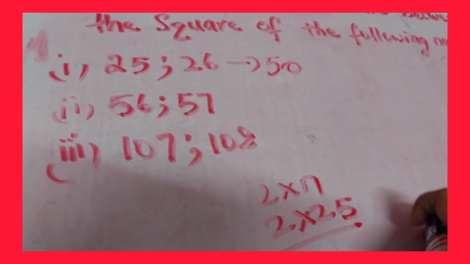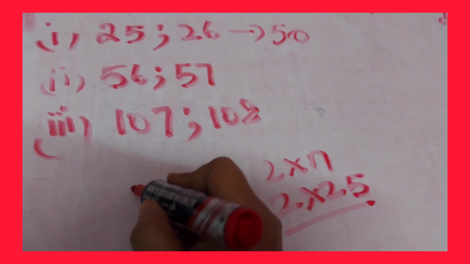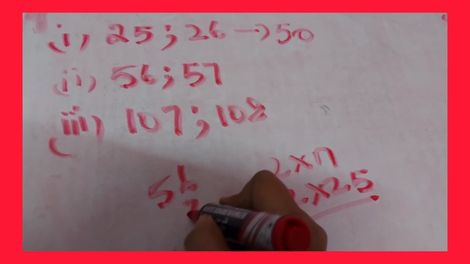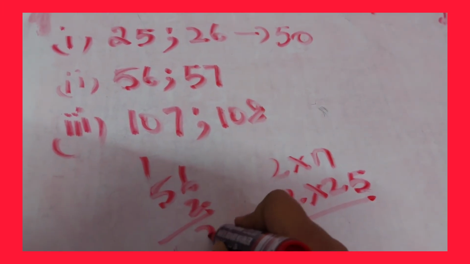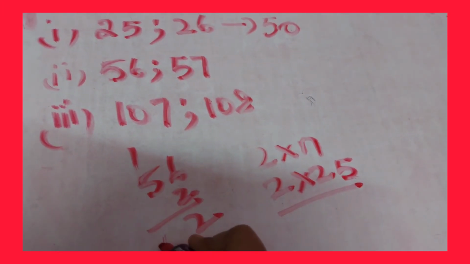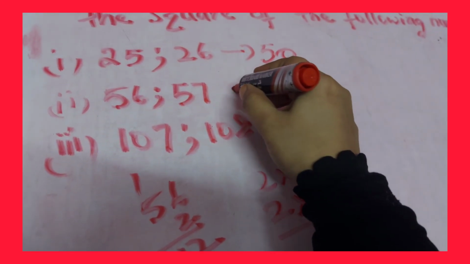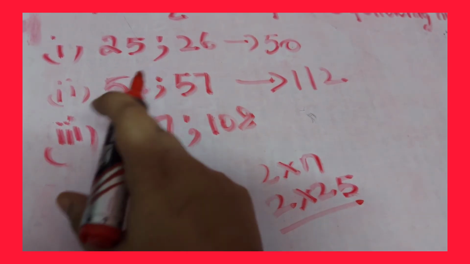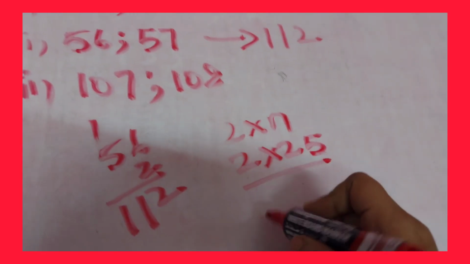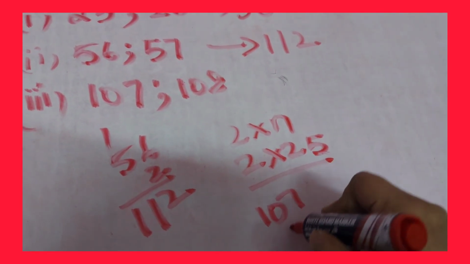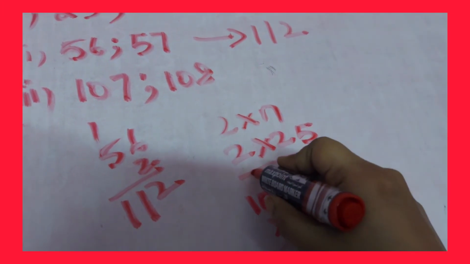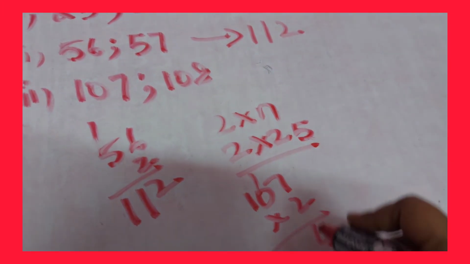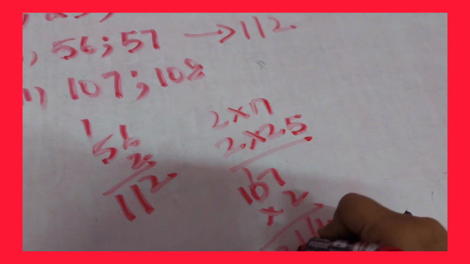Like this you have to see. Again 2 into 56 we will do. 56 2s are 112. So the answer is 112. 2n you have to take. First number is n here. Again 107 into 2. 7 2s are 14, 2 zeros are 0, 2 ones are 2.